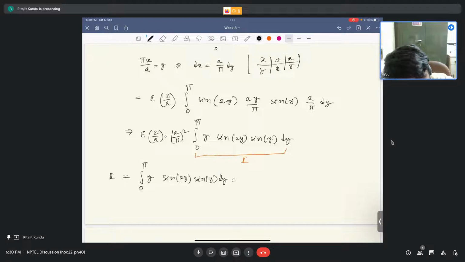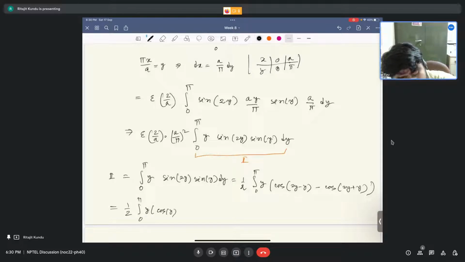Using the identity, we get cosine of 2y minus y minus cosine of 2y plus y, so y times cosine of y minus cosine of 3y.